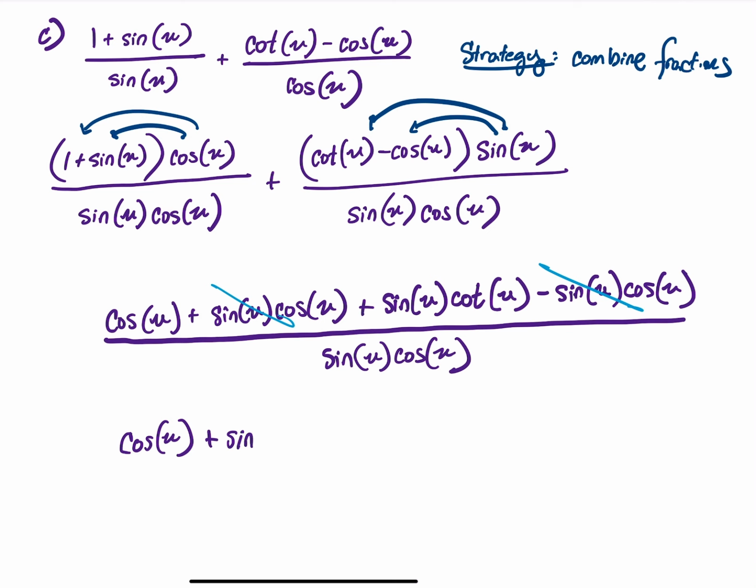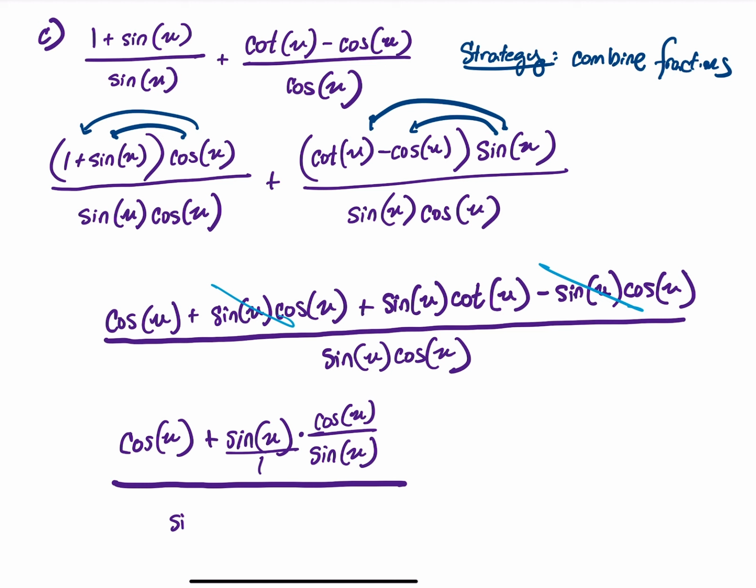Let's turn that cotangent into cosine over sine. Remember, that's how we defined it using a reciprocal identity. Notice here that will allow us to simplify this a little bit. But let's keep it like that for now. We still have our denominator of sine u cosine u.